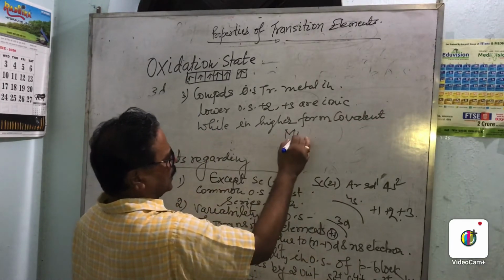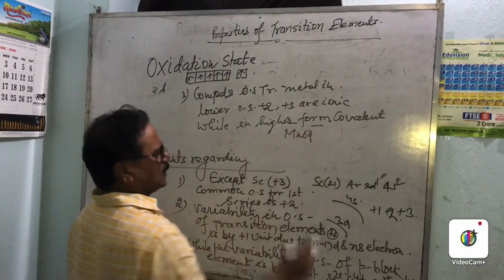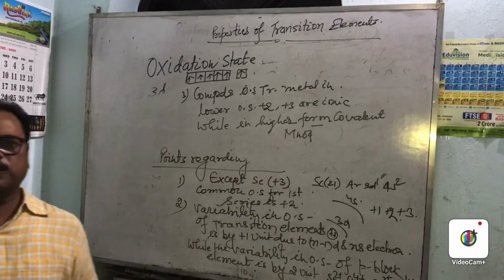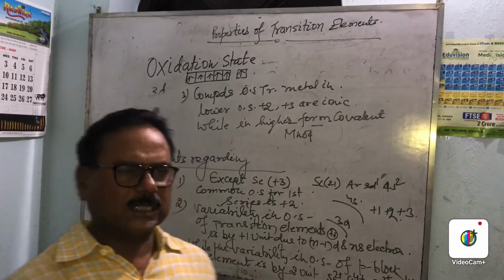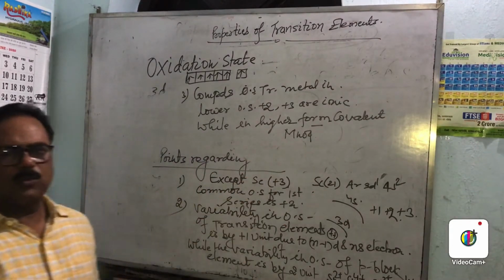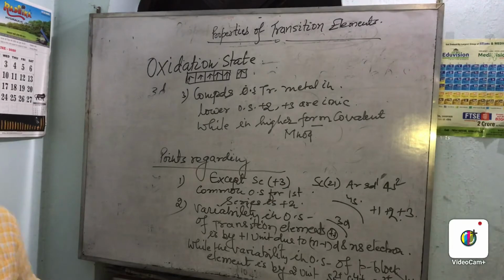For example, in MnO4 minus, if we calculate the oxidation state, it is +7, and it will form a covalent bond with oxygen. That's why this is the covalent relation, right?